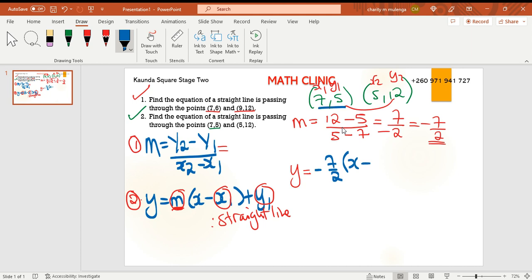We are free to choose the first pair, (7, 5), or (5, 12). In the first example, I chose the first pair, but in this second example, let me work with the second pair. So I'll say y = -7/2 (x - 5) + 12. Now, the same way we multiply the gradient with everything is the same thing we do. So negative 7 over 2 times x is negative 7 over 2 x.